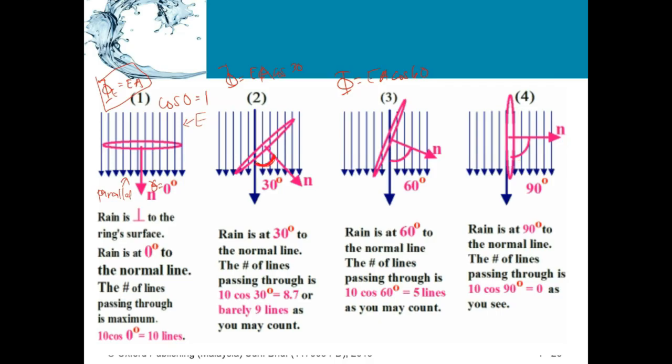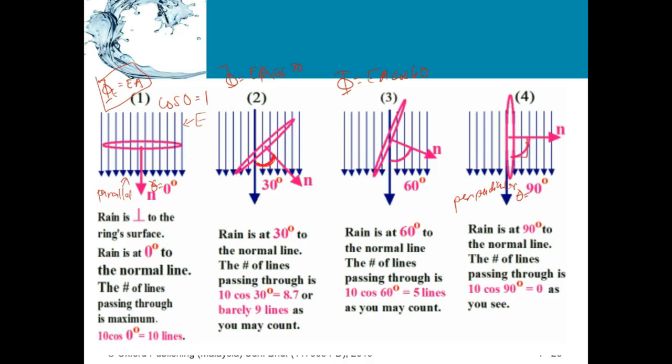Now this one, our normal line is perpendicular to our electric field. So this is perpendicular. Therefore, our theta is 90, since they're perpendicular, 90 degrees is the angle between each other.